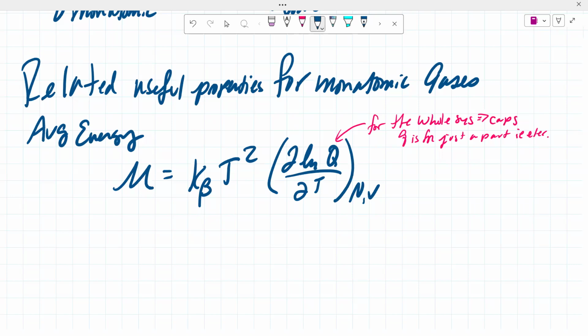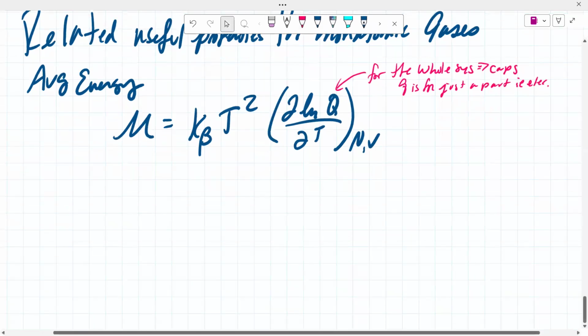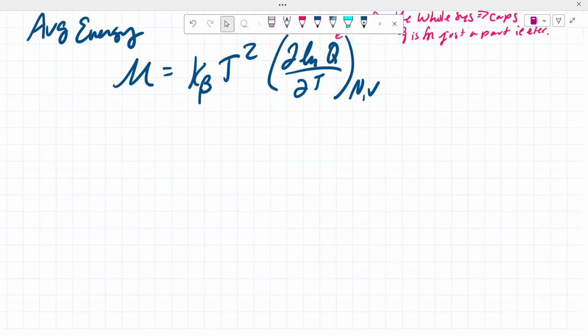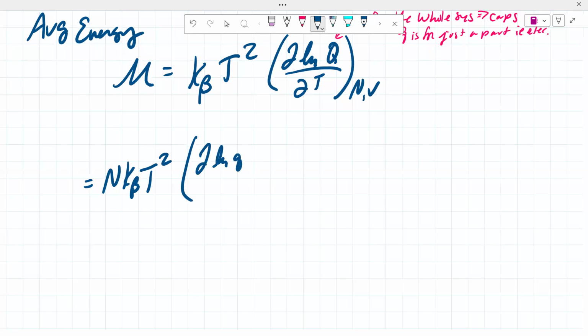All right. So now we're going to switch to the contributions of the parts. Equals N k_B T squared d ln q over dT at constant V.